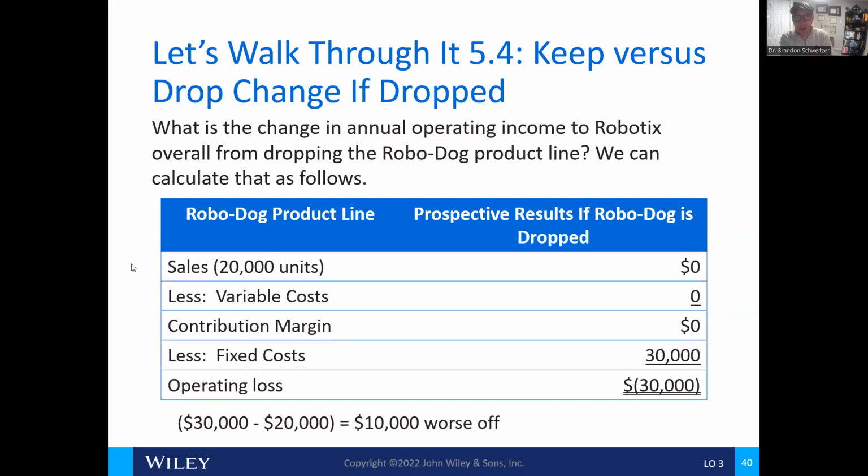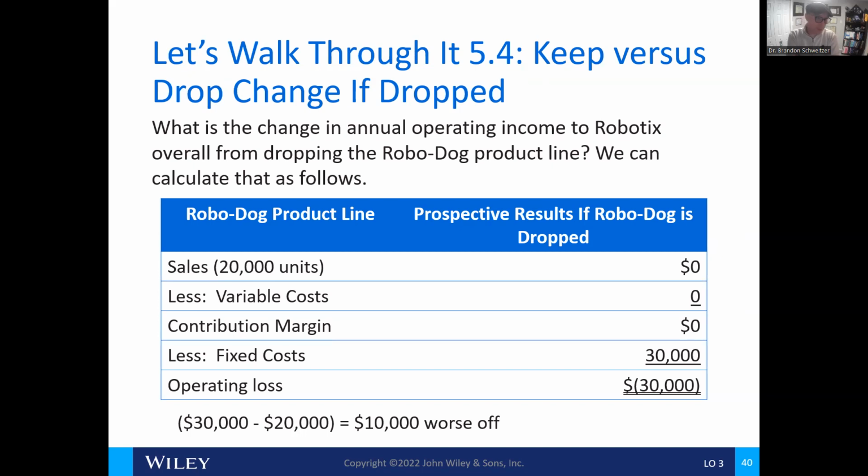What would the change in annual operating income be if we decided to drop this product line? If we drop it, of course, our sales would go down to zero. Our variable cost would be zero, which means our contribution margin will be zero. However, we still have some fixed costs remaining that cannot be avoided of $30,000.